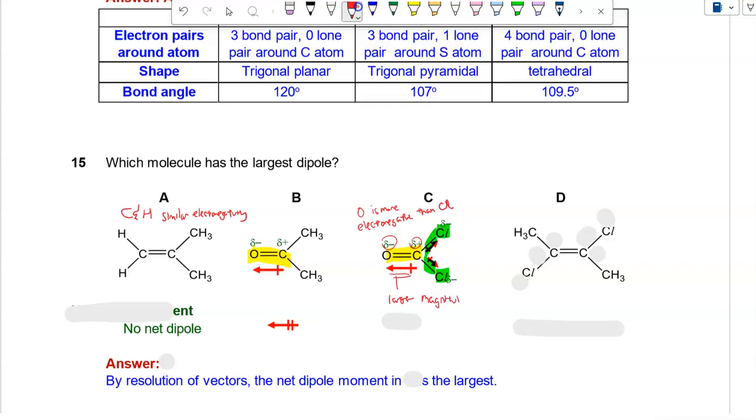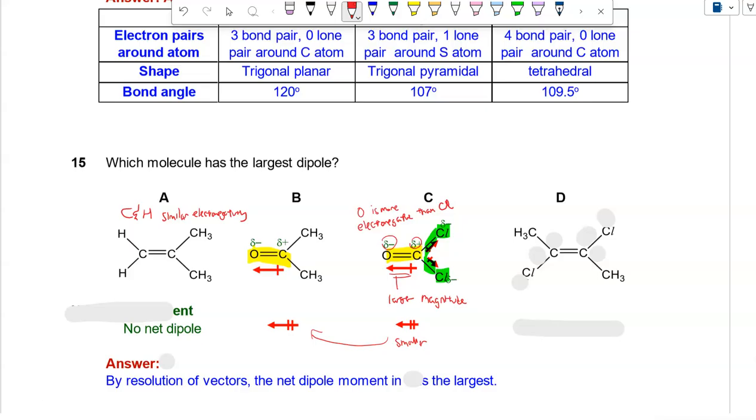So when I resolve these 3 vectors, because of the two vectors pointing along the C-Cl bonds, they will partially negate the dipole moment of this, and that's why you can see the net dipole moment will be somewhat smaller compared to B, where B doesn't have any chlorine to pull in the opposite direction.